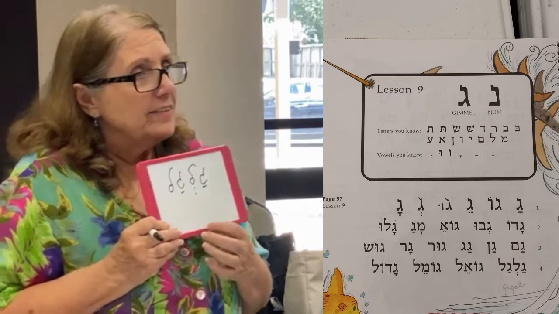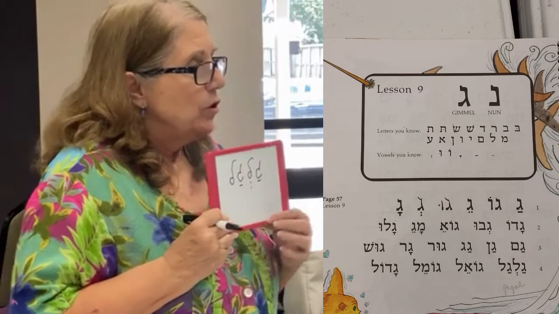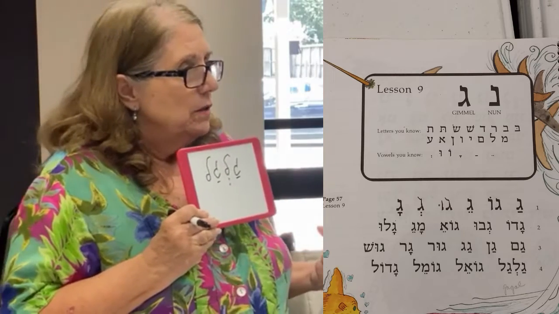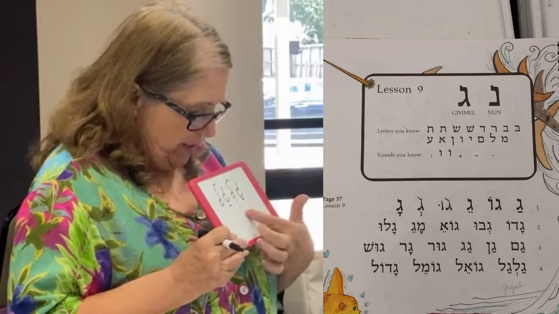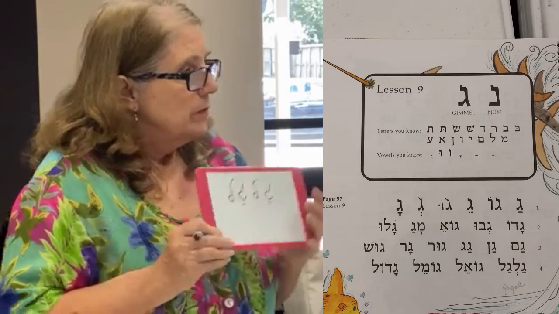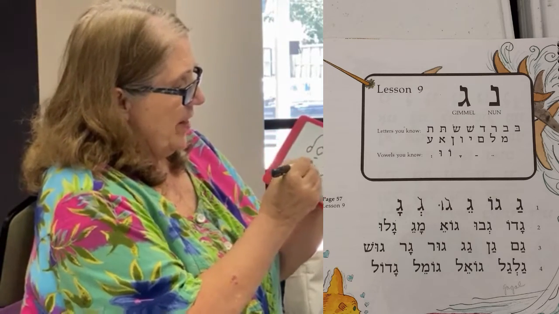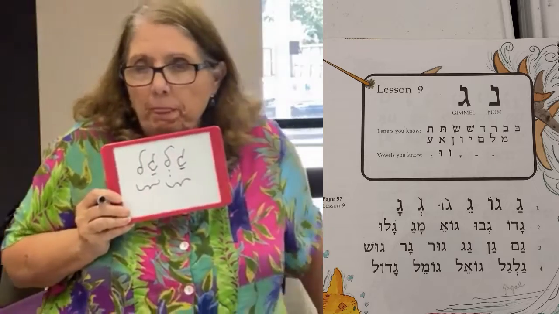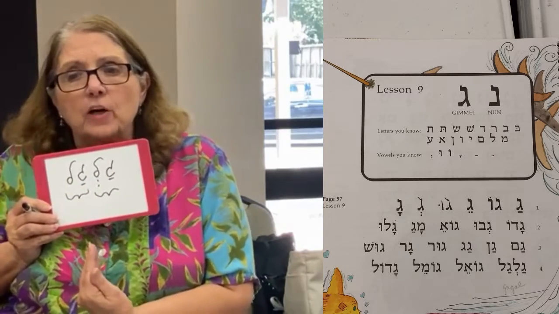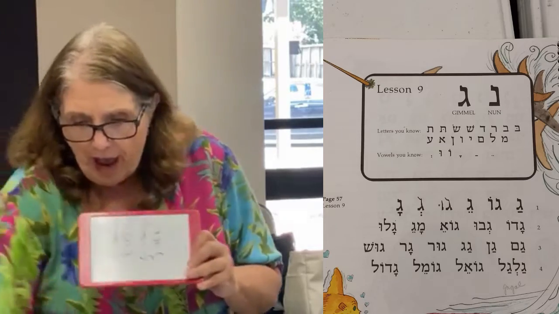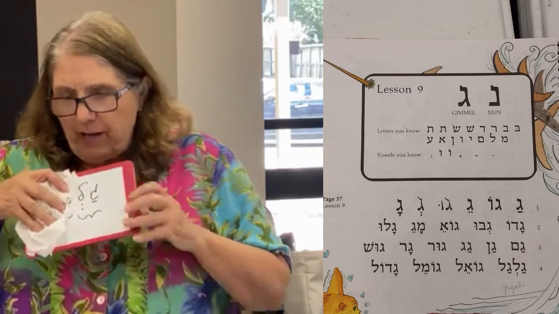So it marks it as a syllable. So how many syllables are in this word, just by looking at it? 1, 2. So this is a syllable and that's a syllable. The little shva says, well, we're going to stop here. So without this last part, how would you pronounce that first part?